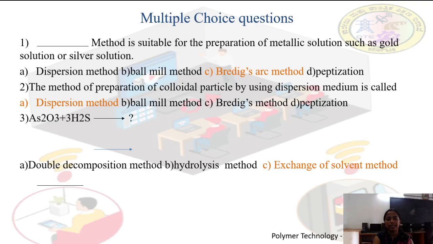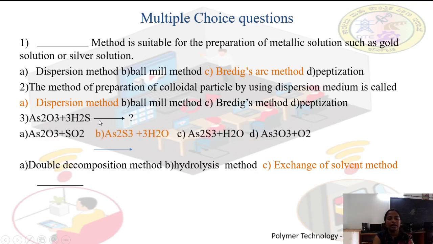As2O3 plus 3H2S. What is the product when these two react? A. As2O3 plus SO2, B. As2S3 plus 3H2O, C. As2S3 plus H2O, D. As3O3 plus O2. Correct answer is B, As2S3 plus 3H2O.